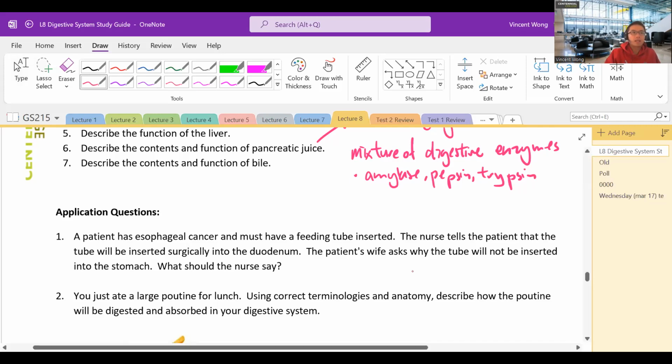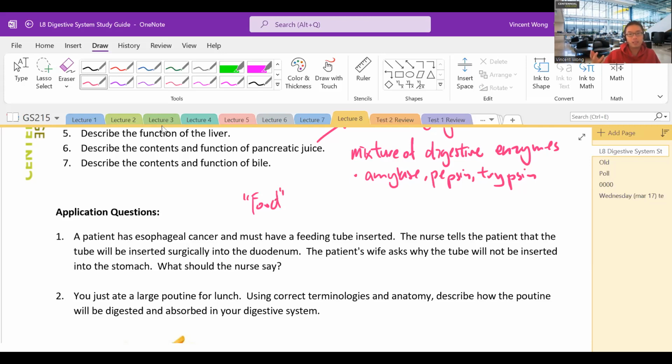Okay. So when patients are on a feeding tube, the food that you feed them is not solid food, right? It's in a semi-liquid state, so it's already quite processed, quite broken down.